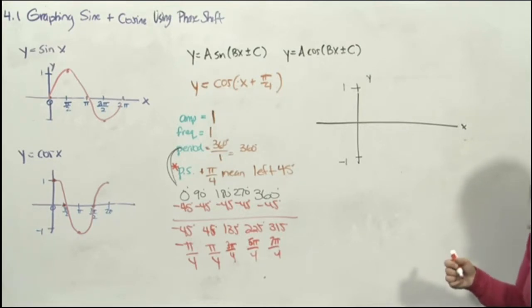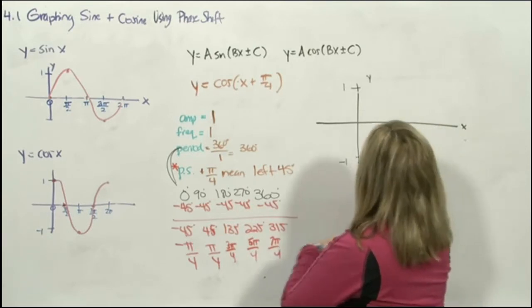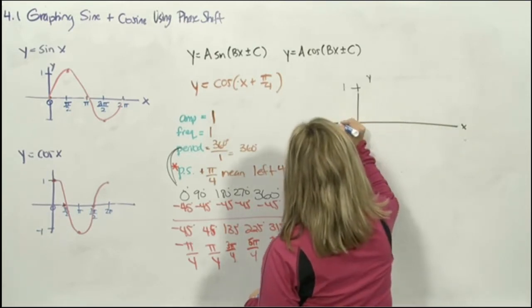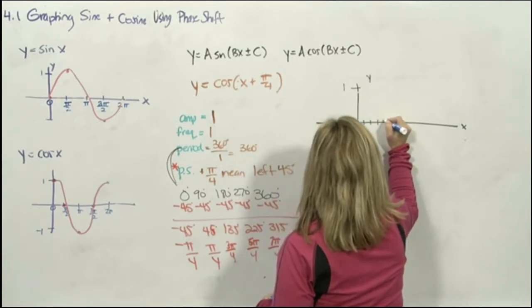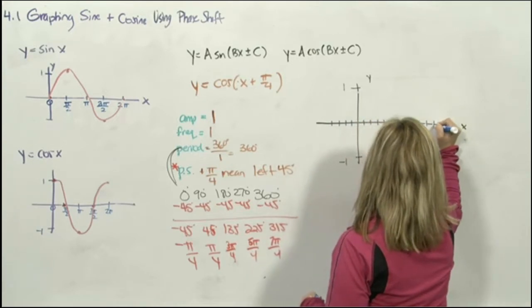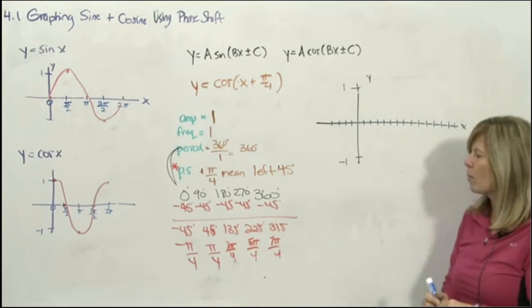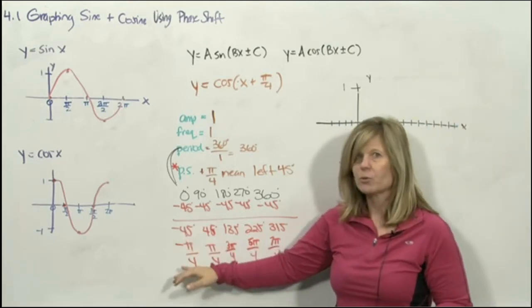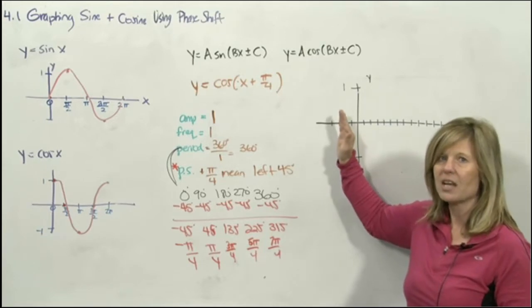Now here's what worries me. Okay, you're on your graph paper. I'm going to put a bunch of blue lines here. All right. The first angle you want to mark is negative 45 degrees, which is negative pi over 4, which is over here on the left side.